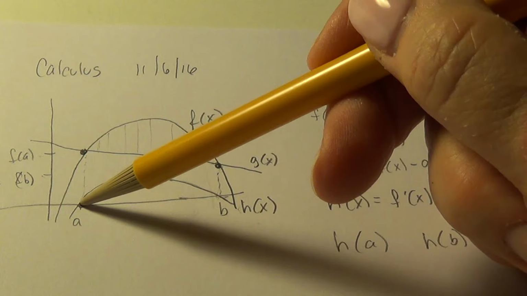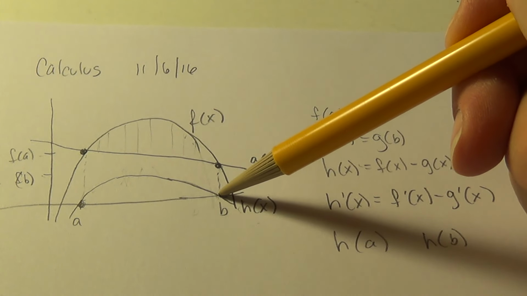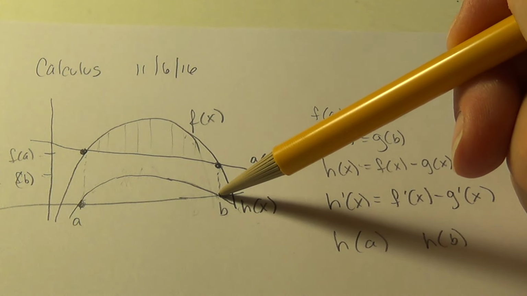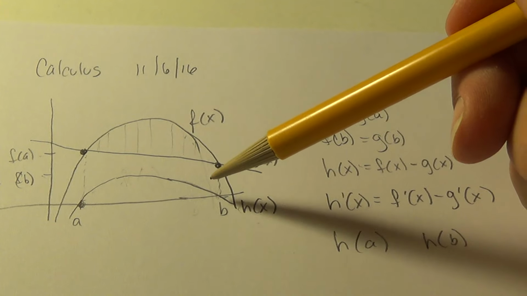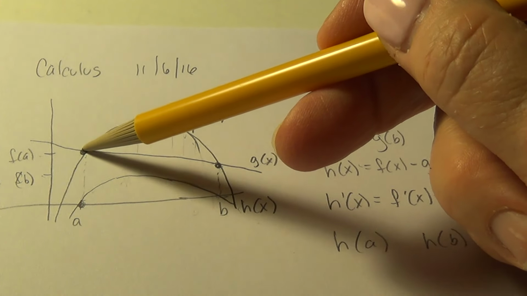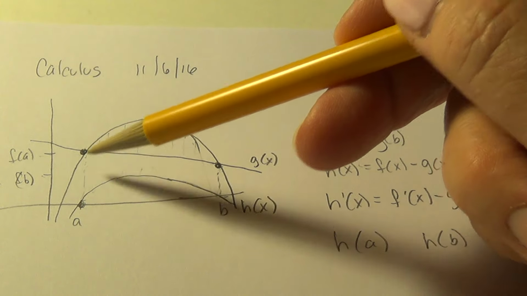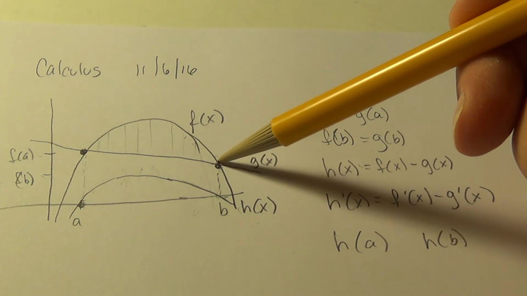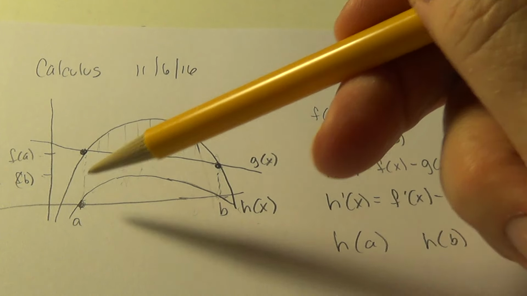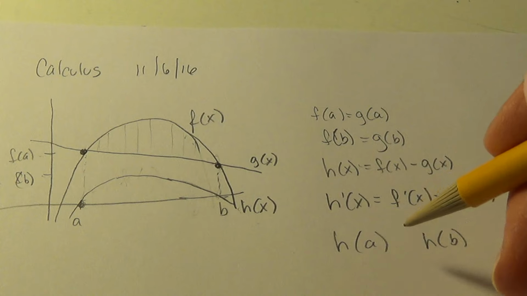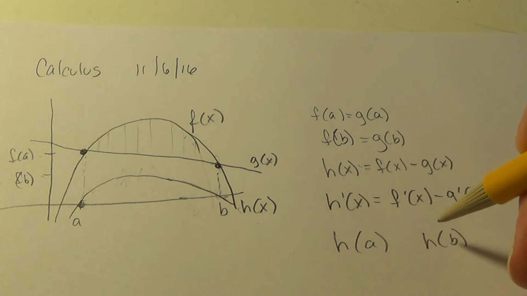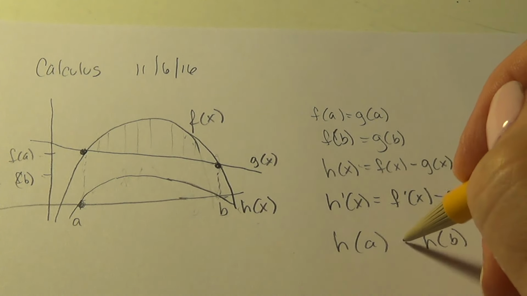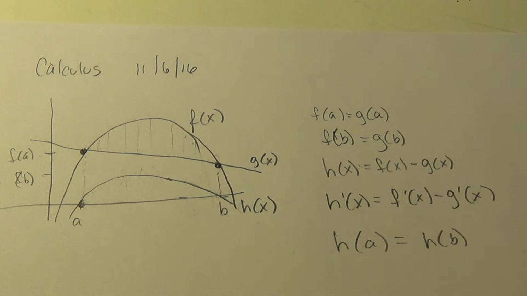We can see because it's the difference of the two, and at this point there is no difference between the two, and there's no difference between the two at this point. So in the difference function h of A and h of B are both equal to 0, so I can say that they are equal to each other and to 0.